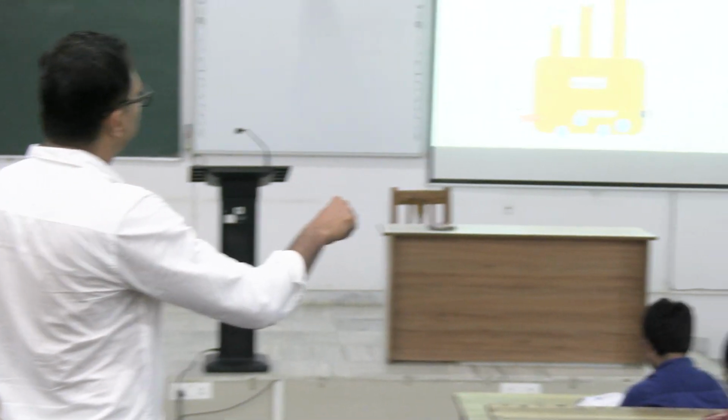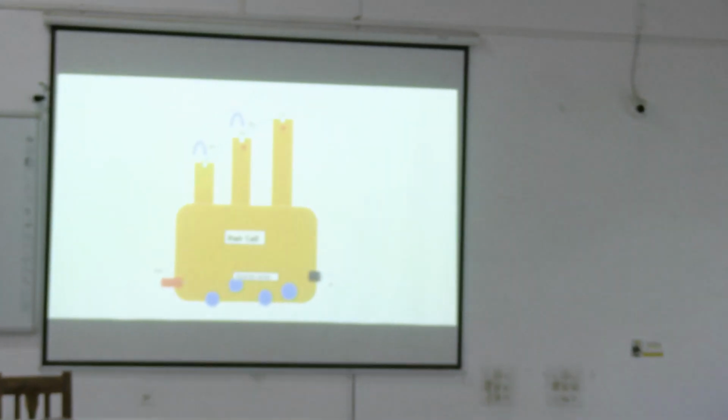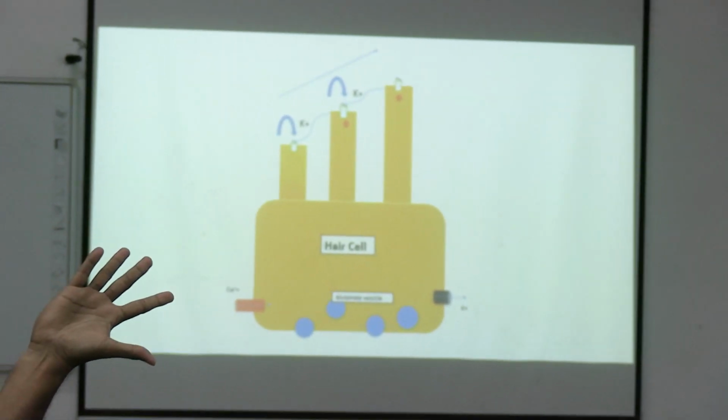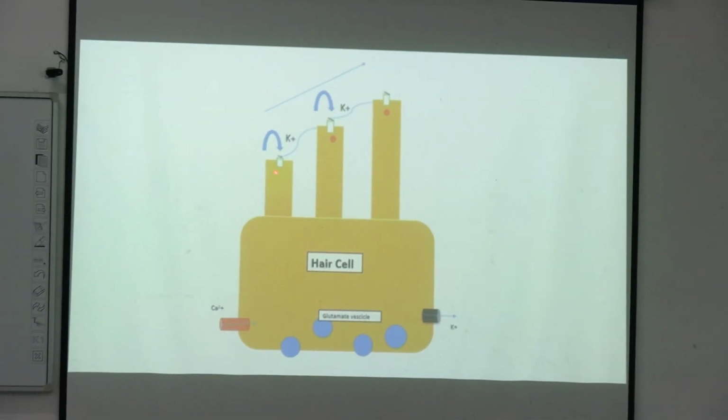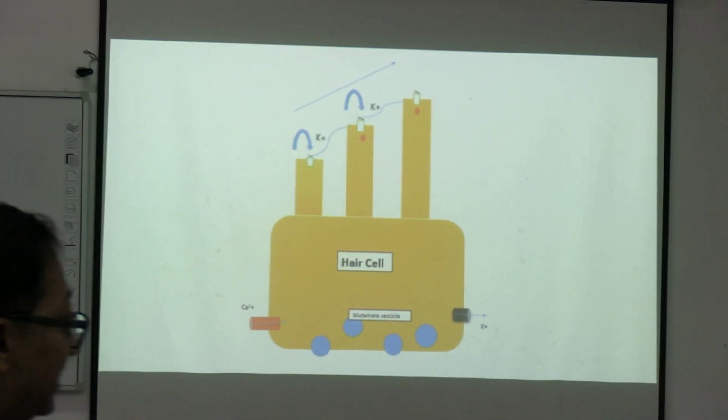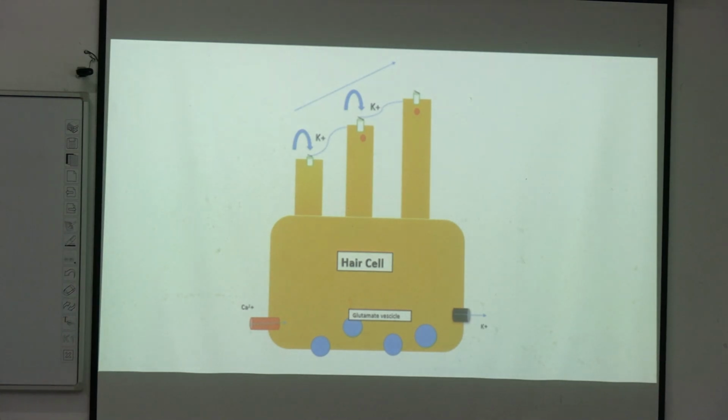So once shorter cilia move towards the taller cilia, there is a stretch on these tip links. What are the tip links? These are connecting bands between the cilia, and they are also connected to the potassium channels. So there is stretching of these potassium channels, and they open up.